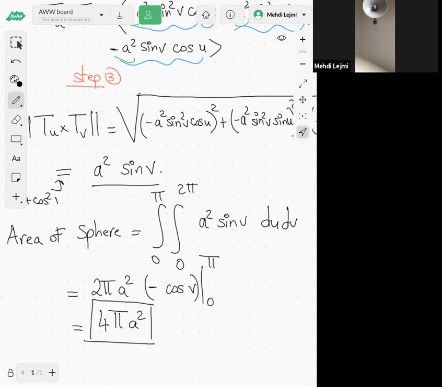This is the area of a sphere of radius a. It's 4 pi a square. For example, if the sphere has radius 1, then its area is just 4 pi.